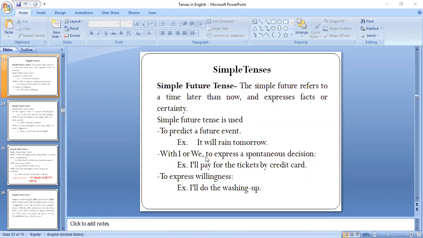If we are going to predict the rainfall, that is, if I say that it will rain tomorrow, in this sentence we have used a prediction.